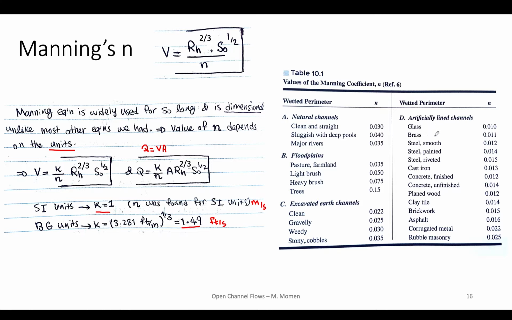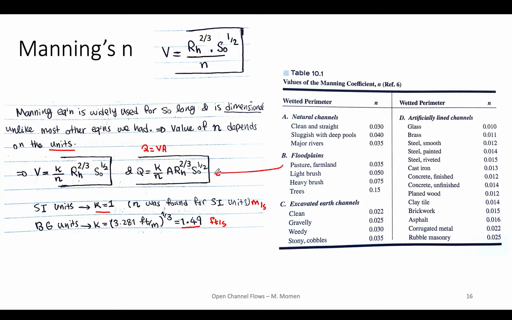So we have a lot of different materials. You can see concrete finished, concrete unfinished, wood, asphalt, trees, heavy brush, clean and straight, major rivers, weedy. All these different types of channels have different Manning's n, and based on the type of the channel, you can find the n here and set it into these equations.